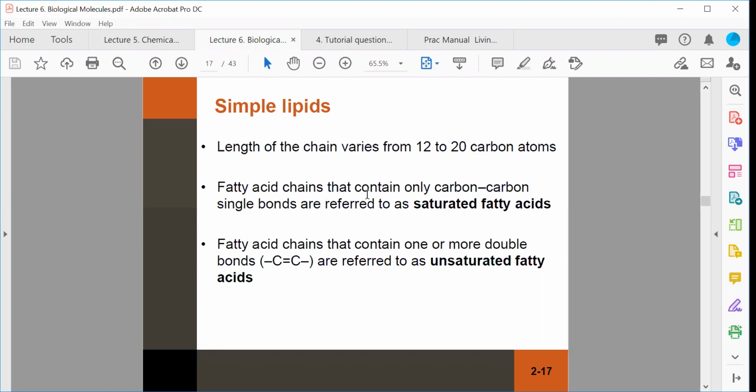Those fatty acid chains that contain only carbon-carbon single covalent bonds are referred to as saturated fatty acids. Other fatty acid chains that contain at least one carbon-carbon double covalent bond are referred to as unsaturated fatty acids.